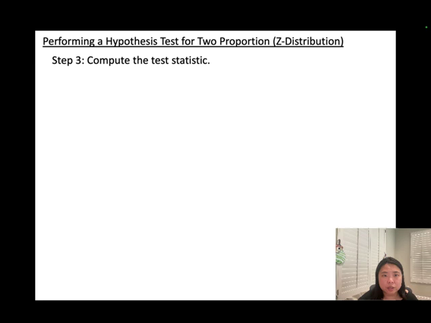Step 3, compute the test statistic. This part will be a little bit complicated. You need to calculate the pooled sample proportion, because this time we're involving two populations. The pooled sample proportion will be x1 plus x2 over n1 plus n2.